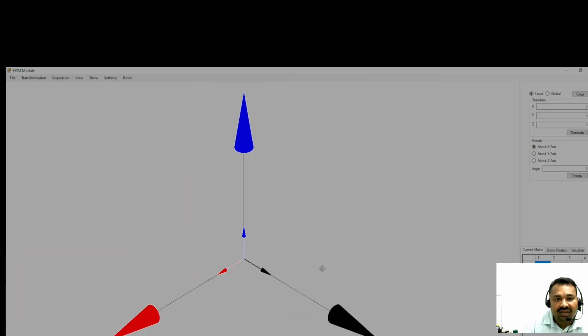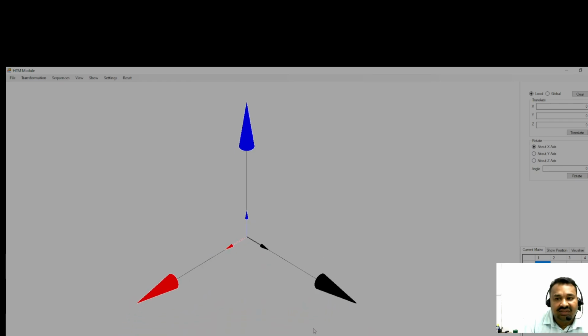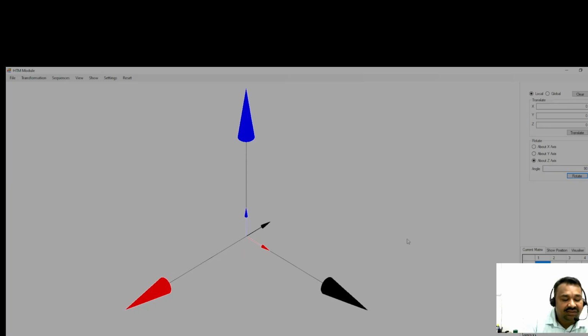Okay, now what was our first transformation? If you see the right side, the translate and rotate. So first transformation was as per the sequence, the rotation about z axis of 90 degree. Okay, so let us rotate. This is the first transformation. So what was the second? The second was the translation, and the coordinates were 4, -3, and the last one 7.